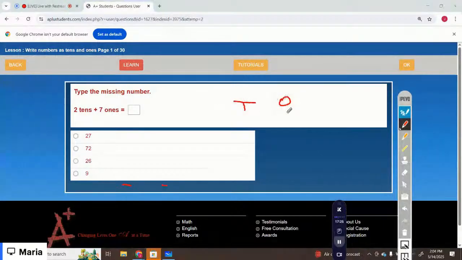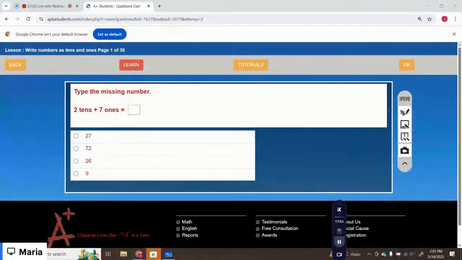The rightmost digit is always the digit at the ones place, and then we keep the tens. So together they make 27. Option number one is the correct option.